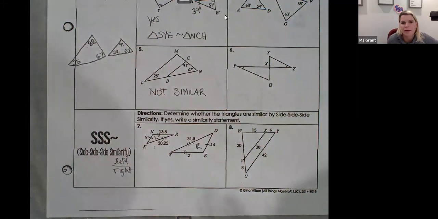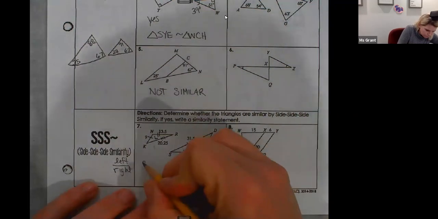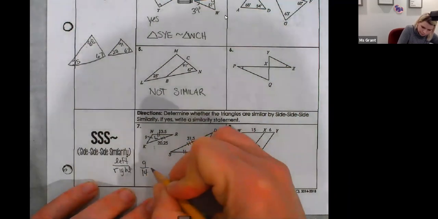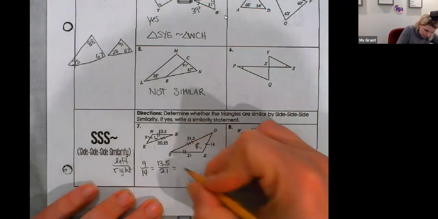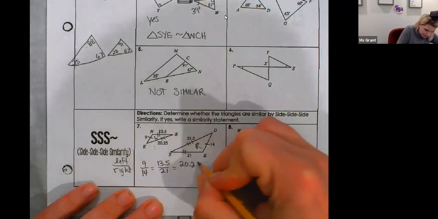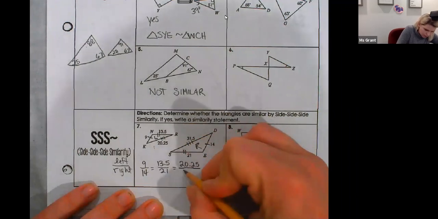I'm going to make proportions. 9 over 14 is 13.5 over 21 is 20.25 over 31.5.